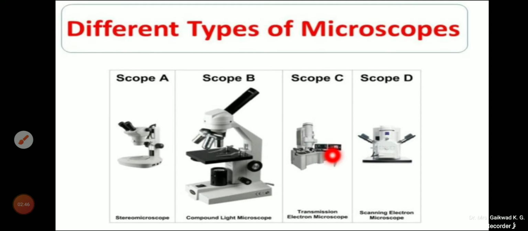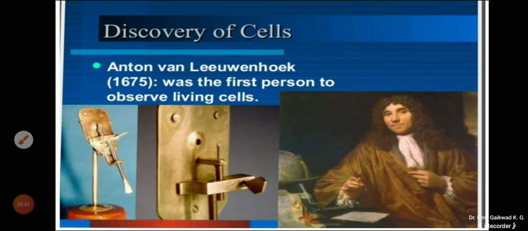In this way we can observe the inner cell organelles very clearly. Afterwards, here it's about Anton van Leeuwenhoek, who was the first to observe the living cell, and the microscope which was made by him.